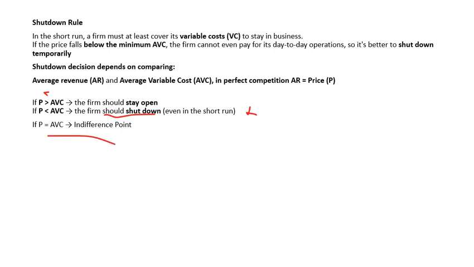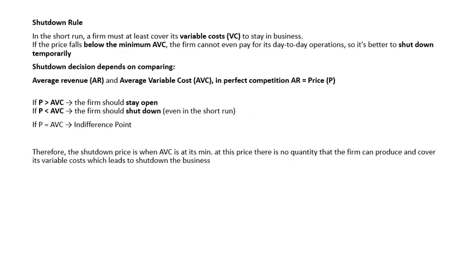When the price equals the AVC, the firm can stay open or shut down. It's called the indifference point. Therefore, the shutdown price actually is when AVC is at its minimum. At this price, there is no quantity that the firm can produce and cover its variable costs, which leads to shutting down the business.